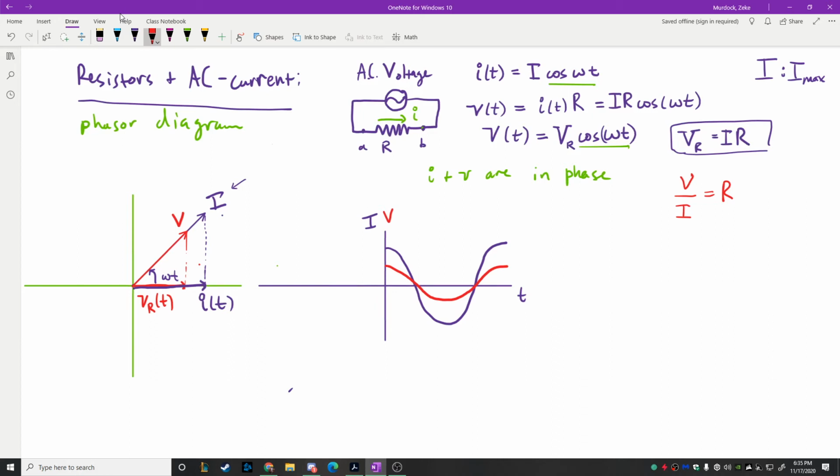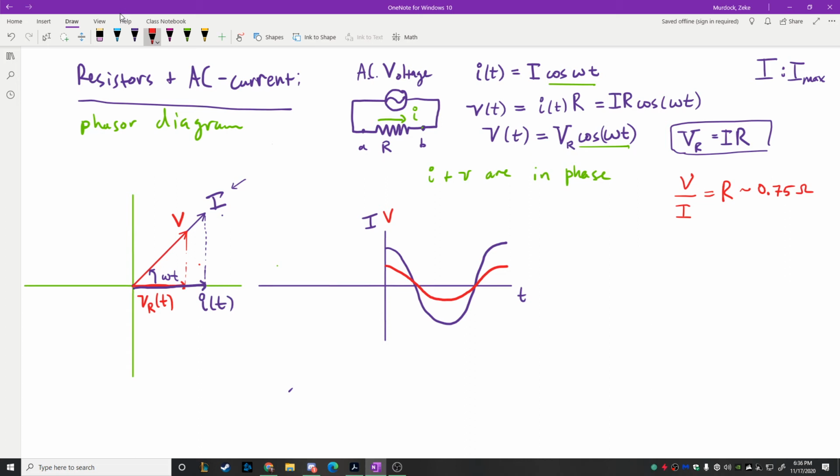So in this case, at least on my picture right here, R would be on the order of maybe 0.75 ohms, right? But if the resistance had a value of like 1,000 ohms, then my voltage phasor would be 1,000 times longer than my current phasor, right? So this is just for instructional purposes, but good question.